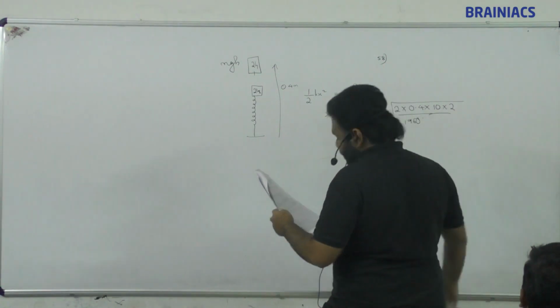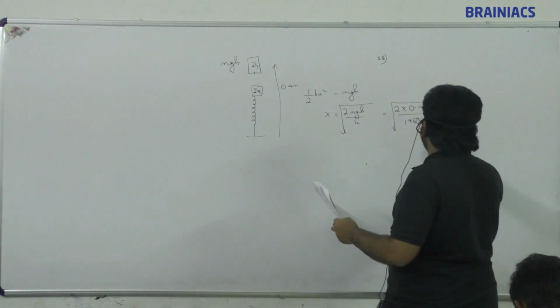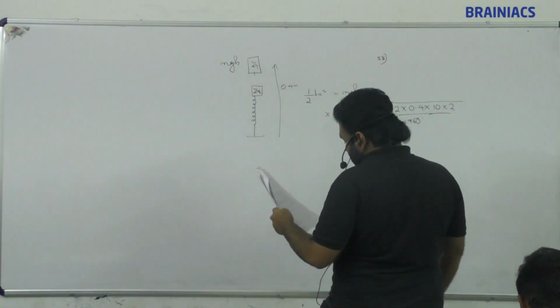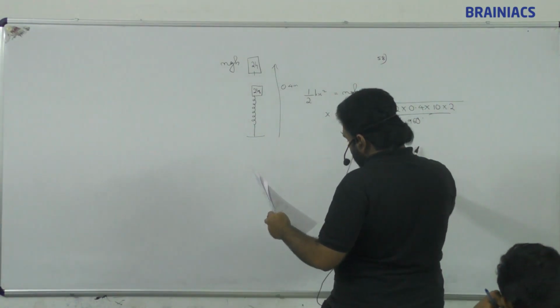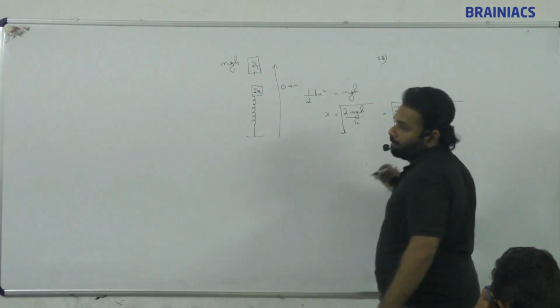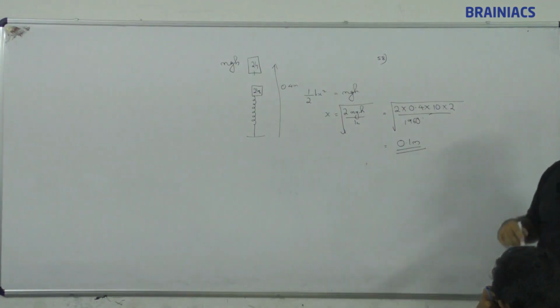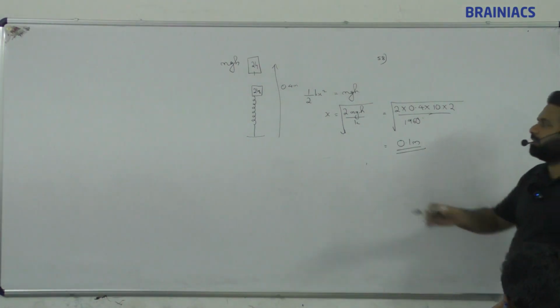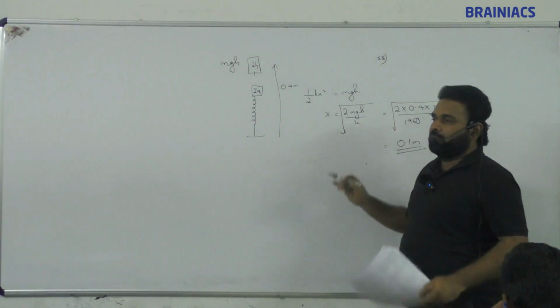So 2 into 10 into 0.4 into this. How much will you be getting, children? Around 0.1 meter will be the answer. Now just look at the concept, calculation we can manage.